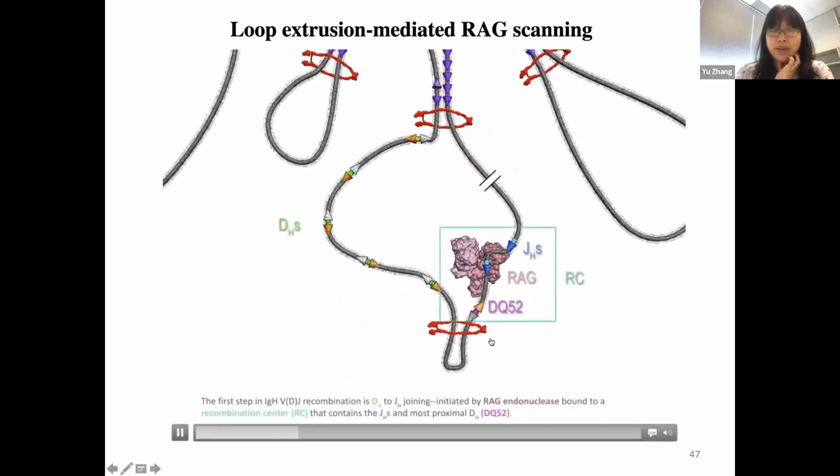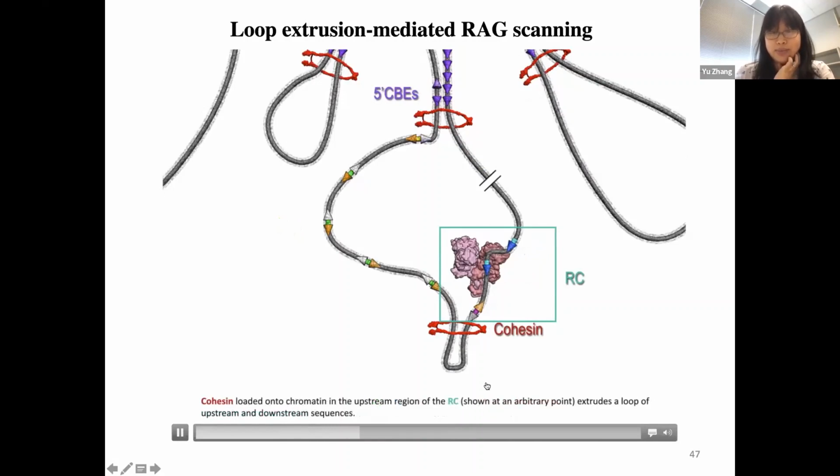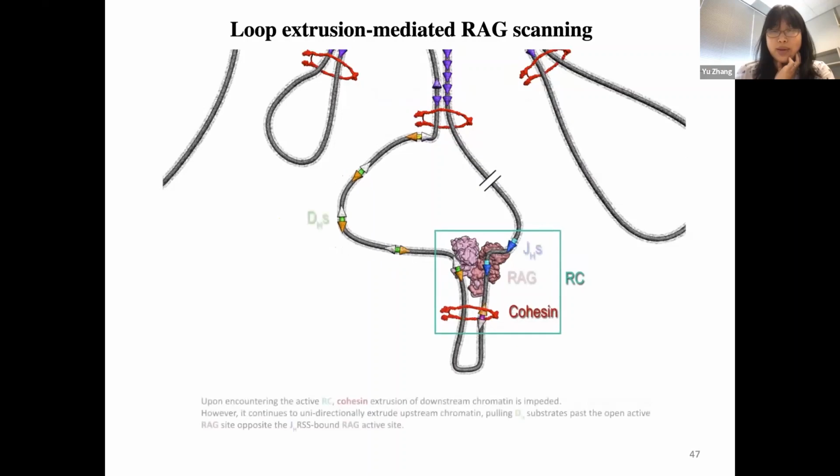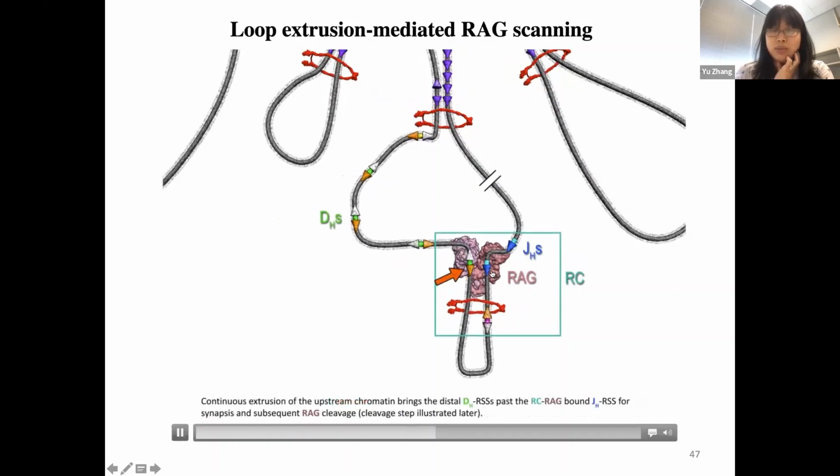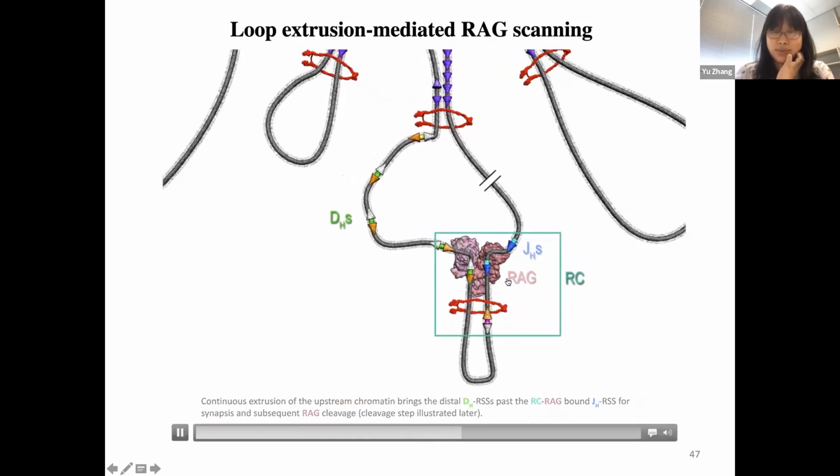And cohesin is loaded onto the chromatin. It can be loaded from various points, and here is showing an example loading right next to the recombination center. And when it starts to extrude, it can present the convergent DRSS to the GRSS to mediate exclusively deletional D2J joining.